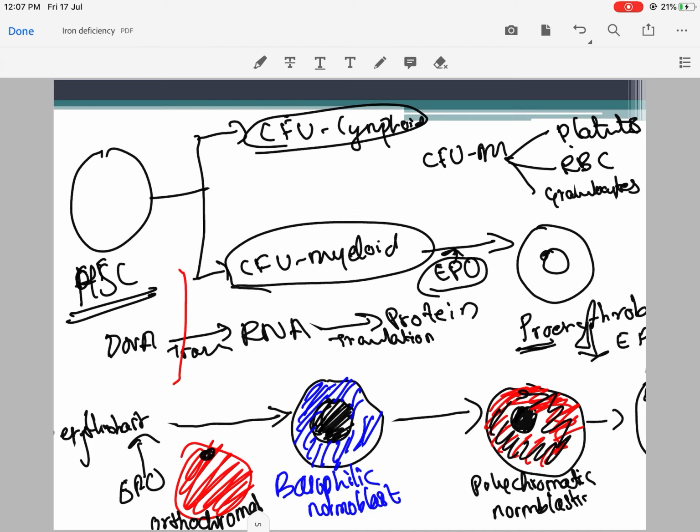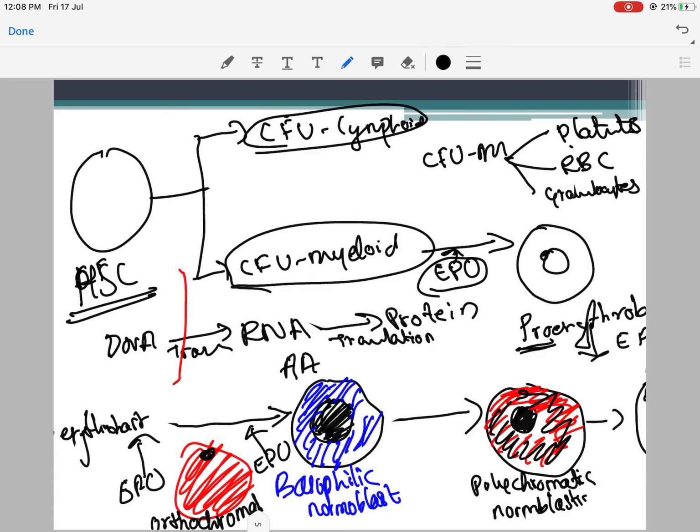Now, where do all these molecules, vitamin B12 and folic acid as well as iron, act? After erythropoietin acts at this stage, it forms basophilic normoblast. Now basophilic normoblast produces RNA. For production of RNA, it will require amino acids.